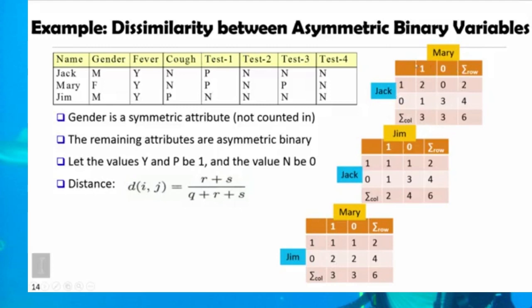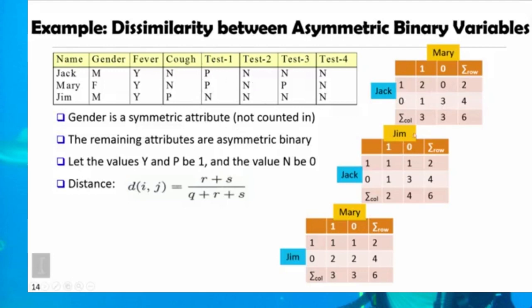For example, for Jack and Mary, they have the same positive case, like both have fever, both the test 1 is positive. There are two such cases. They are both negative, like cough, test 2 and test 4. Actually, there are three cases where they are both negative, but there is one case where they are different.